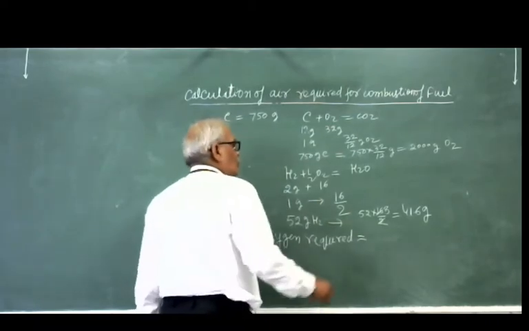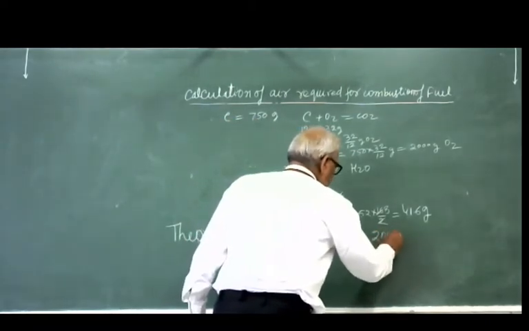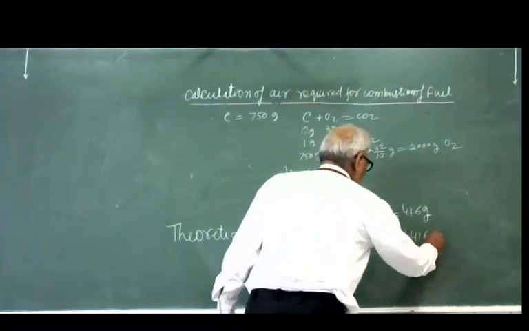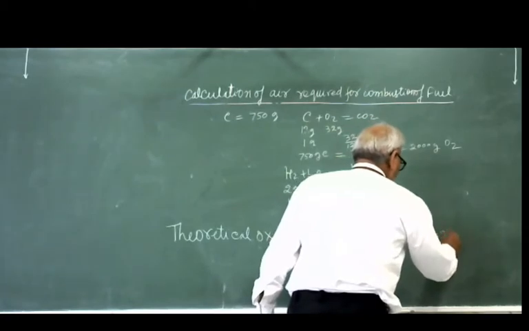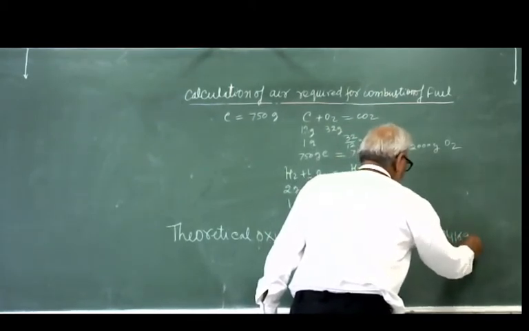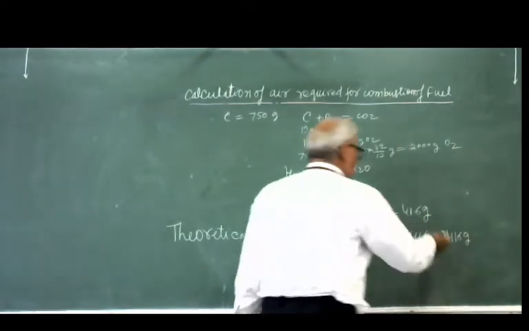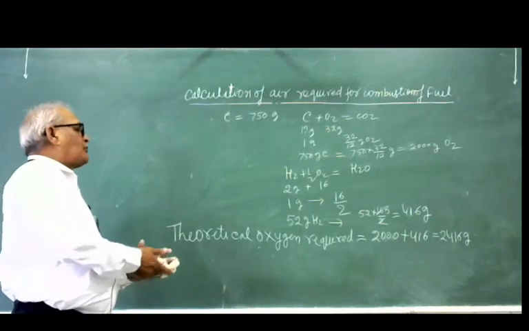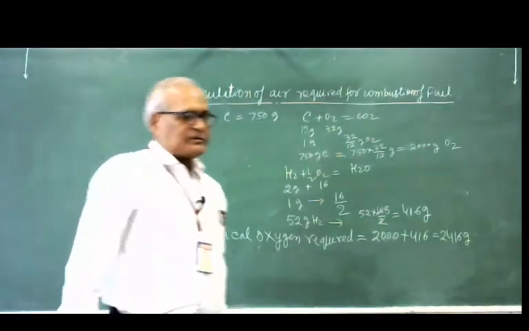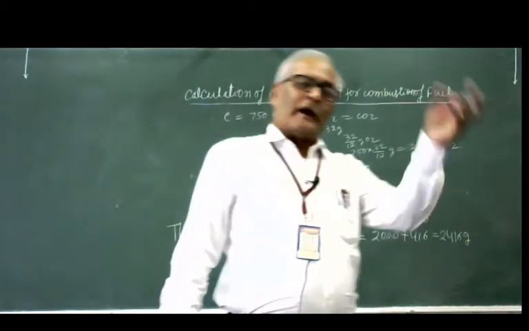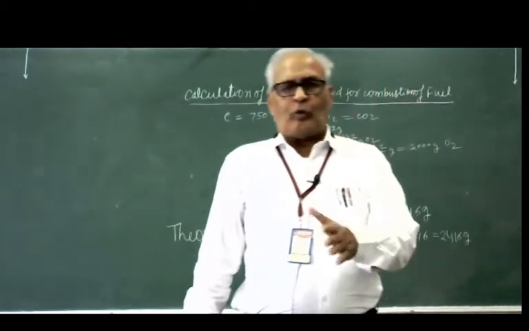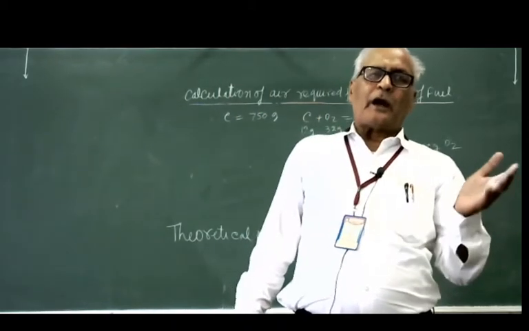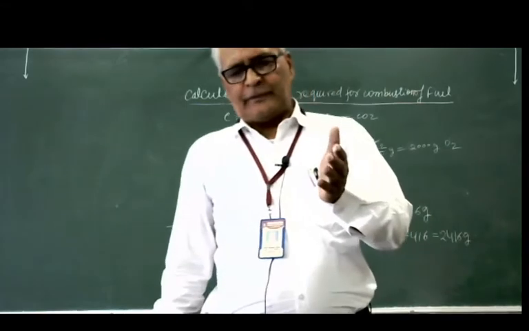It is equal to 2000 plus 416, which is equal to 2416 gram. 2416 gram oxygen is required for complete combustion of 1 kg of the coal containing 75% of the carbon and 5.2% of the hydrogen.